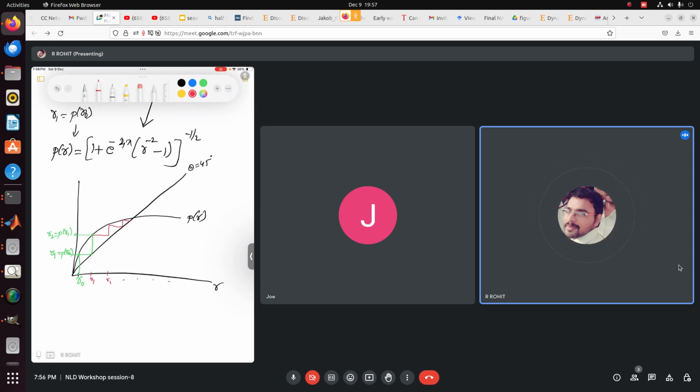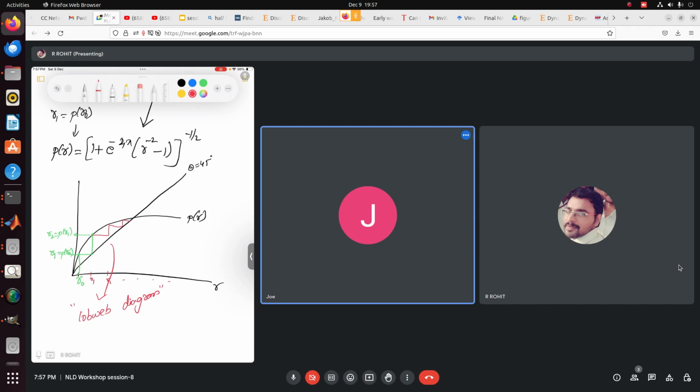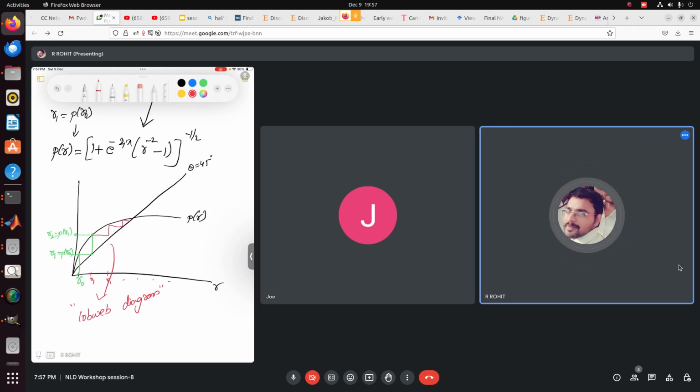This diagram is usually referred to as a cobweb diagram. This cobweb construction enables us to iterate the map graphically, so you can plot the different intersection points wherever you get them.